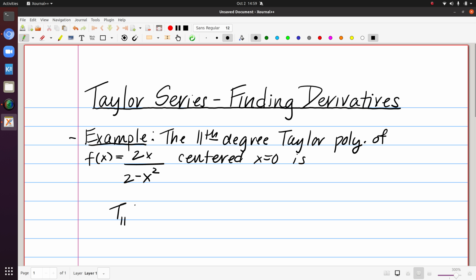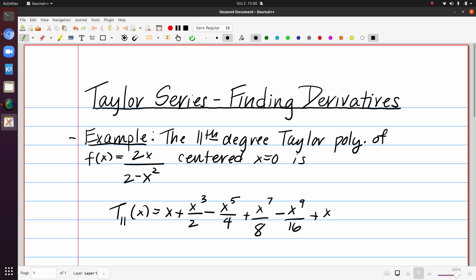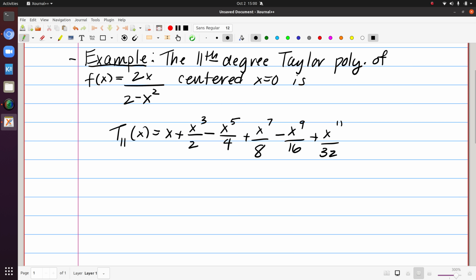T sub 11 of x is equal to x plus x cubed divided by 2 minus x to the 5th over 4 plus x to the 7th over 8 minus x to the 9th over 16 plus x to the 11th over 32. So it turns out this is a true statement. This is the 11th degree Taylor polynomial centered at 0 for this given function f of x.